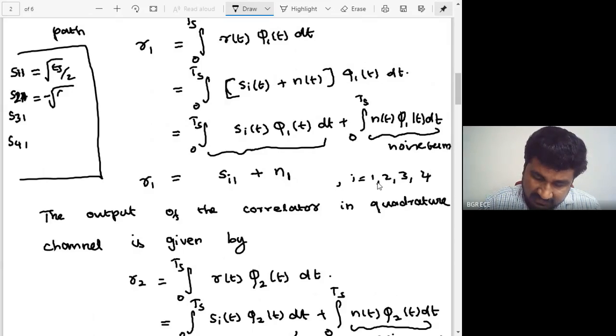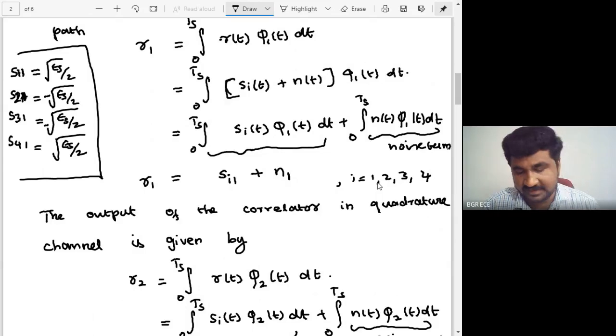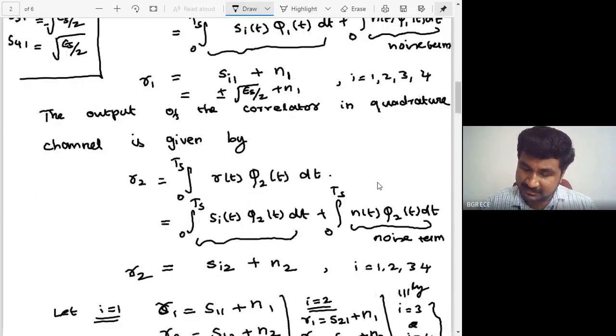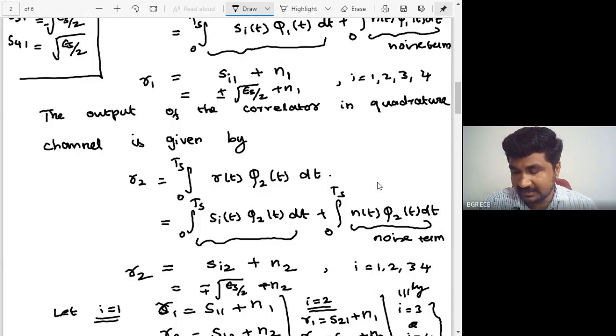S21 is minus square root of Es by 2. S31 is minus square root of Es by 2 and S41 is plus square root of Es by 2. So Si1 can be written as plus or minus square root of Es by 2 plus N1. Similarly, Si2 can be written as minus or plus square root of Es by 2 plus N2.